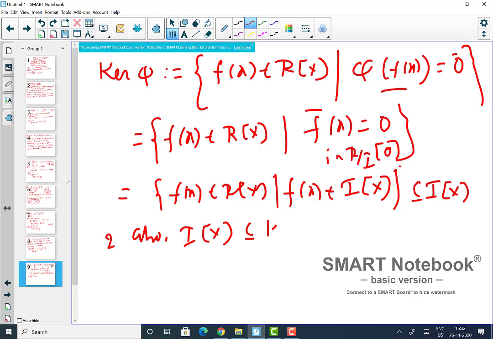This is obvious. That means the kernel of phi is I[x], and bingo, that solves our problem.